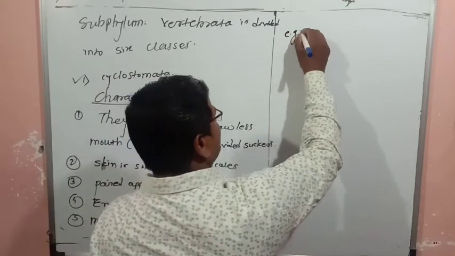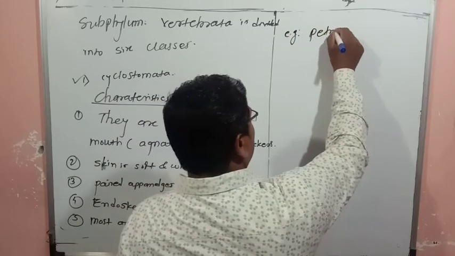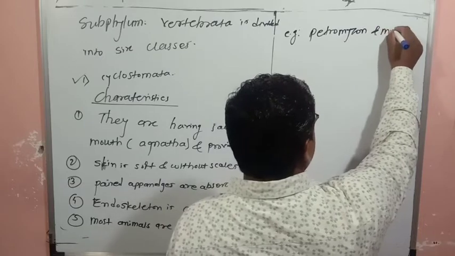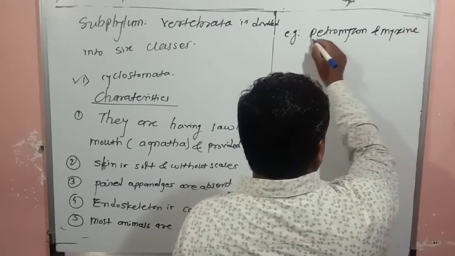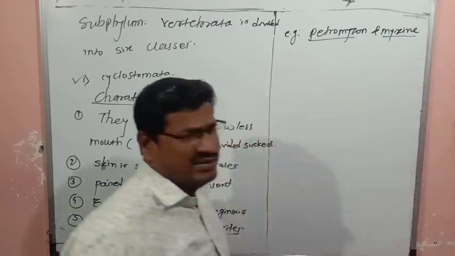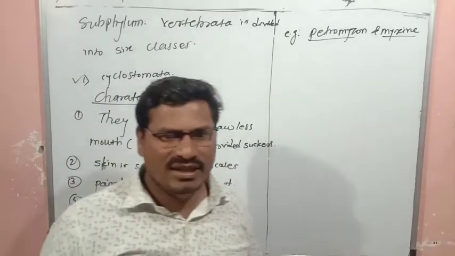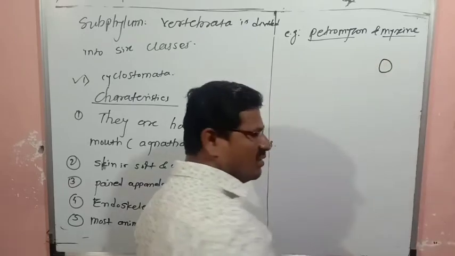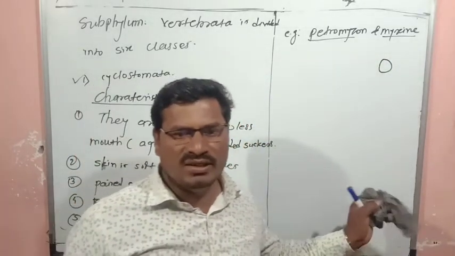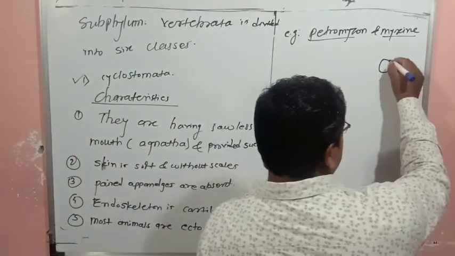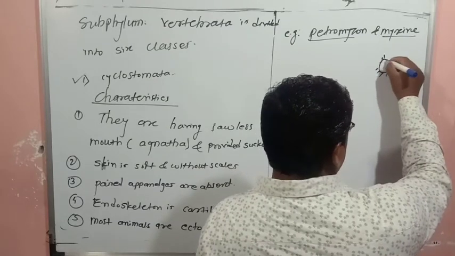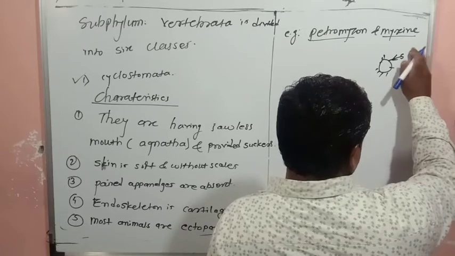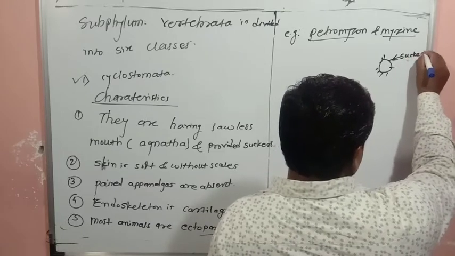Which are the examples? Petromyzon and myxine. These are the two examples, and you can draw their diagram this way. First we'll draw the mouth, and the mouth has suckers.